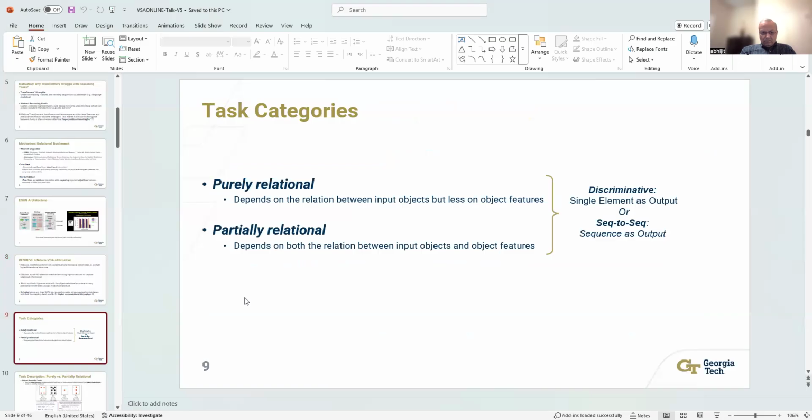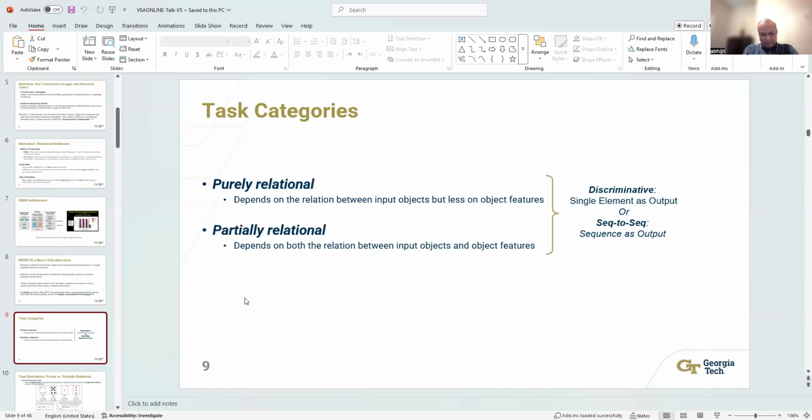So the tasks we will discuss are split into 2 categories depending on the reliance on object level features: purely relational and partially relational. Purely relational means that the task depends on the relation between the input objects, but less on the object features themselves.